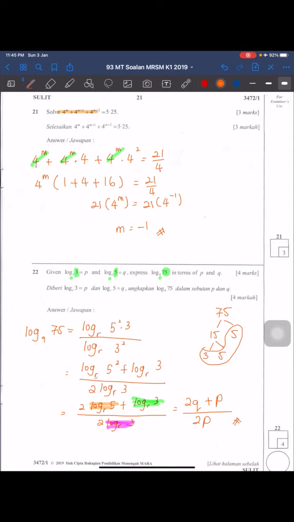So 2Q plus P over 2P. Okay. Kalau masih ada masalah tak dapat tangkap, boleh pause and rewind baliklah video ni. Okay.